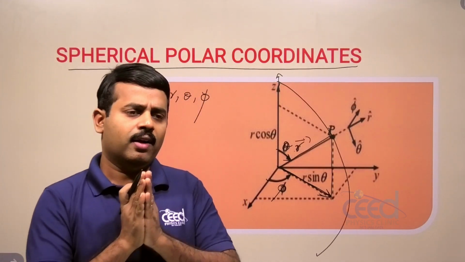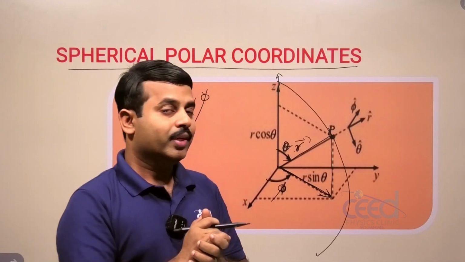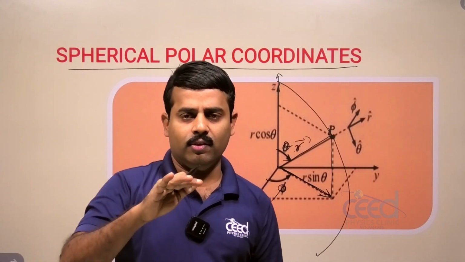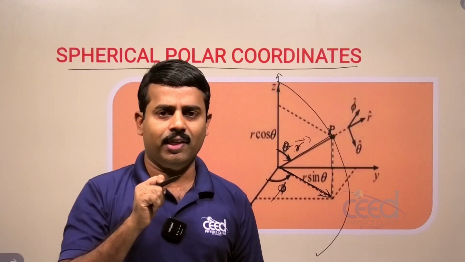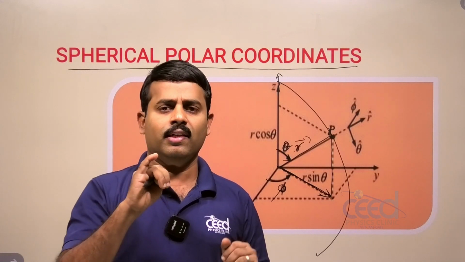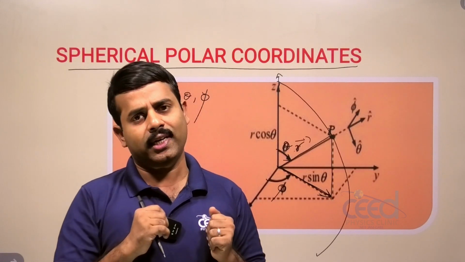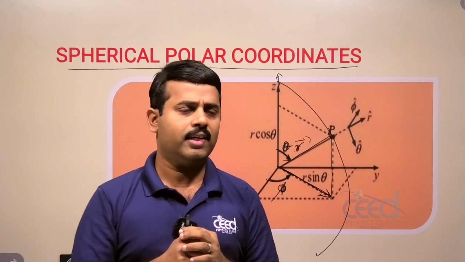Now another thing: in the Cartesian coordinate system x, y, z, what is the angle between different axes? 90 degrees. The x-axis and y-axis make 90 degrees with each other, the y-axis and z-axis make 90 degrees, and the z-axis and x-axis make 90 degrees.